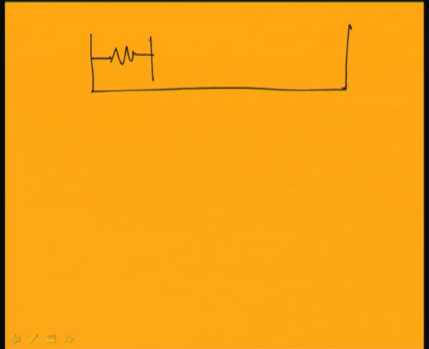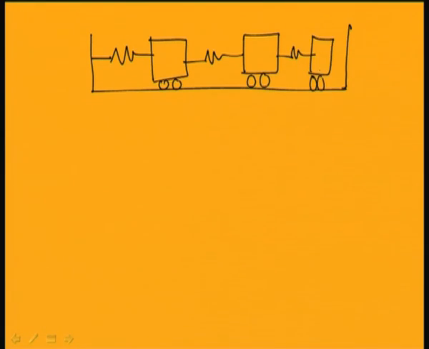So let us take one example. Let us take the system we have studied before. This is a spring mass system, a 3 degree of freedom system, attached by 4 springs K1, K2, K3, K4.